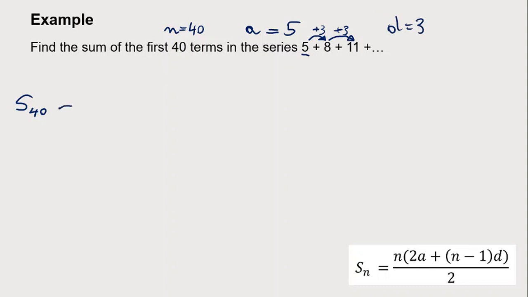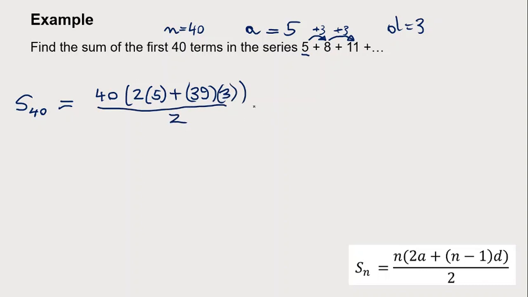Plug it into the formula, so that will be 40 multiplied with 2 times 5 plus n minus 1, n being 40, so I can write immediately 39 multiplied with the difference of 3, over 2. Now I can simplify here, 40 and 2 can go away, so I will have 20 multiplied with 10 plus, what's the actual value of this?